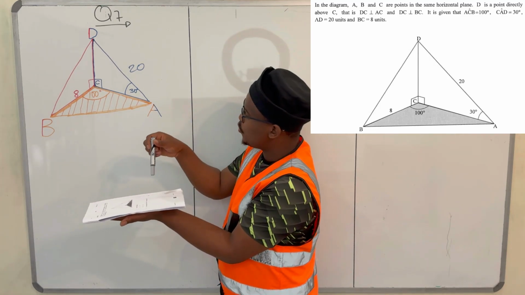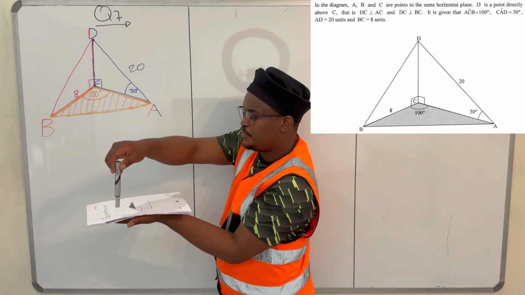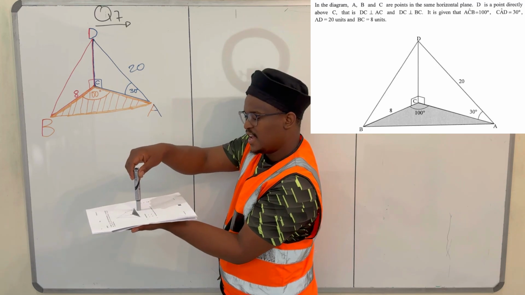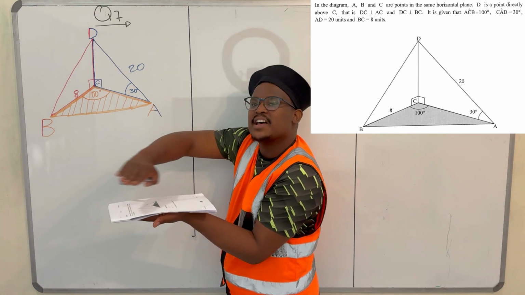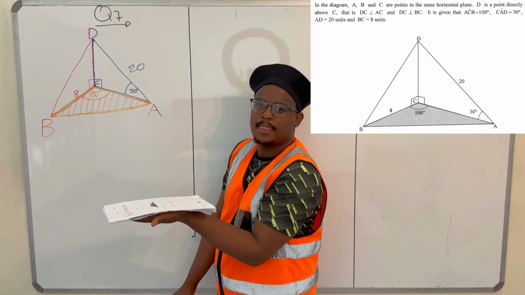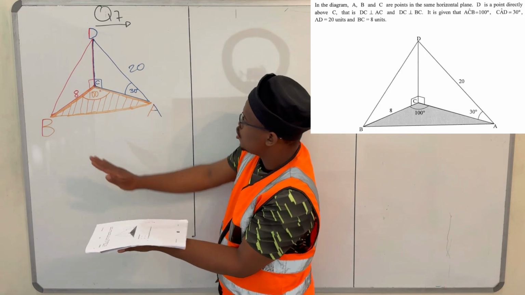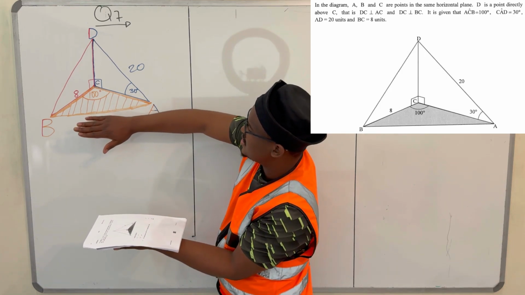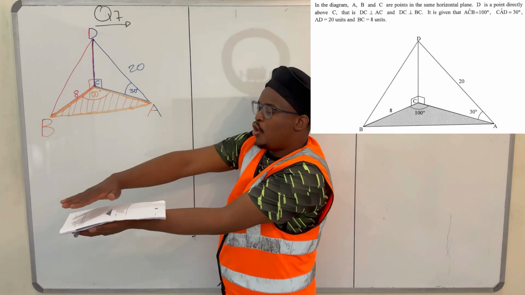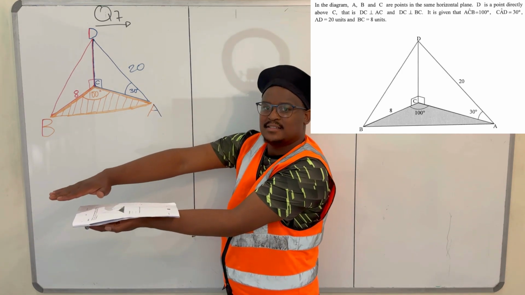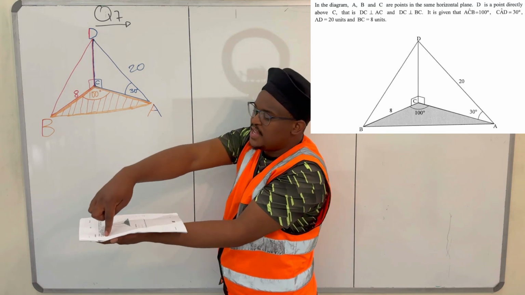They're all on the same horizontal surface. Don't look at them and think maybe they are slanted like this. They're slanted on the diagram, but in reality, they're all on the horizontal floor like this. That's what they're saying. So you have your A, your B, and your C here.